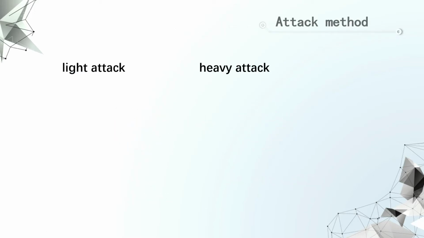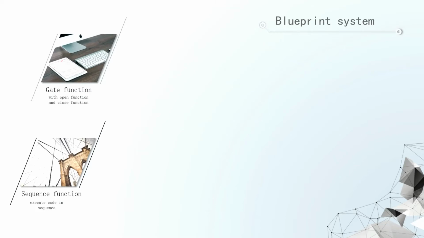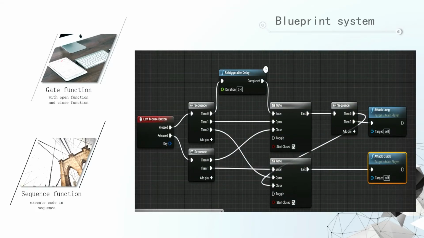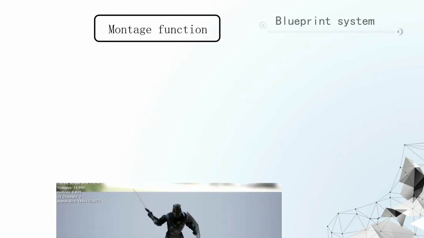The design principle of this function is to judge the time when the left button of the mouse is pressed. I wrote this function through a blueprint. You can see that I used the get function and the sequence function in the blueprint system to achieve this function. Finally, I want to introduce the montage function.